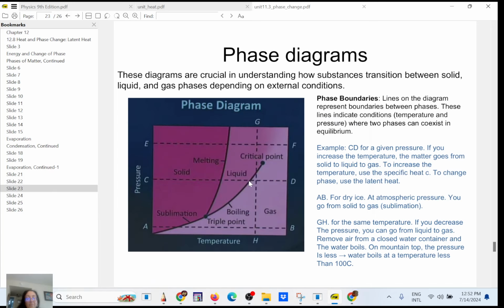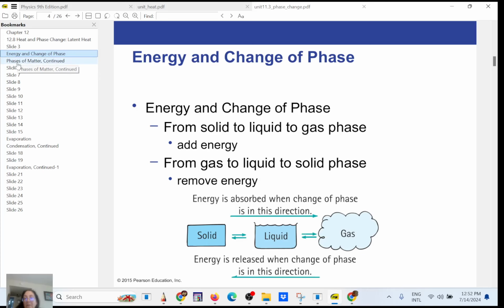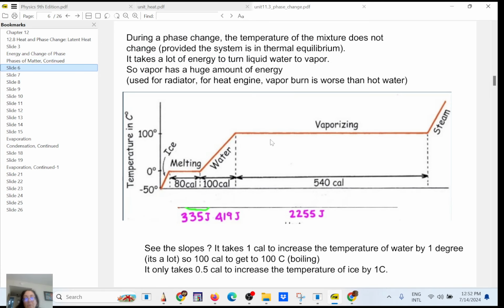So here it will stay there at the same temperature until everything turns into gas, right? We already discussed that, for example, for water, if you remember, it's going to take a lot of energy for a given mass of water in the liquid state at 100 degrees Celsius to turn into steam.